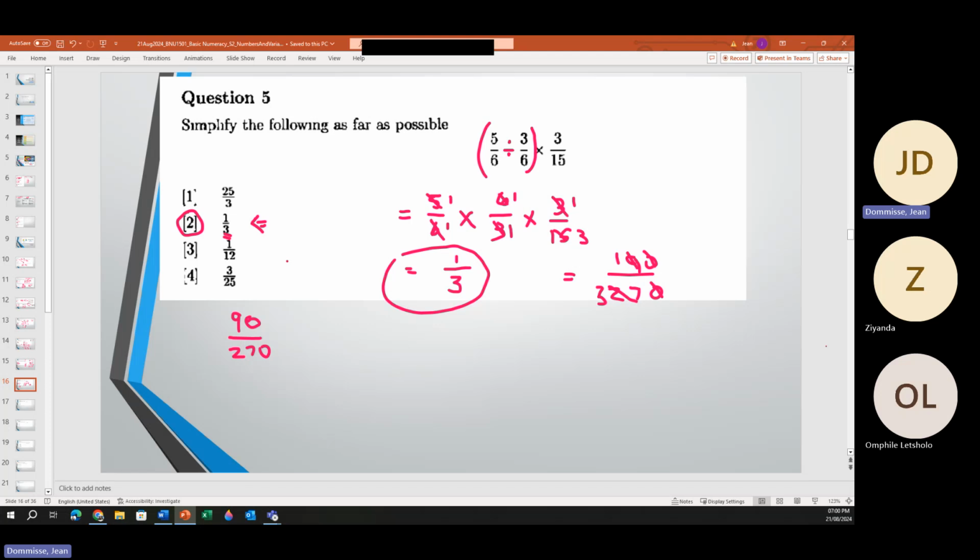So just continue to simplify until you can't anymore.